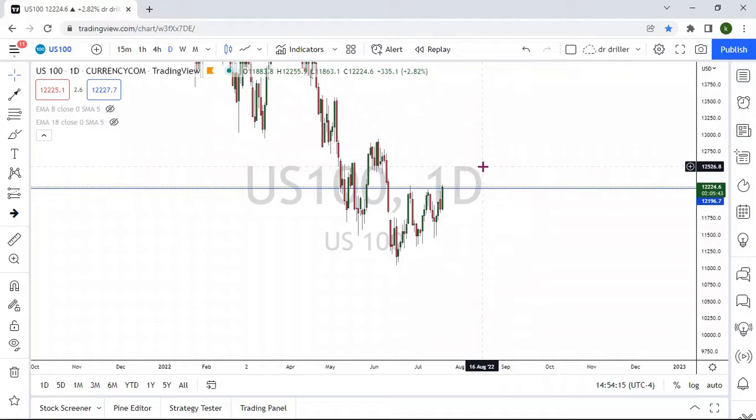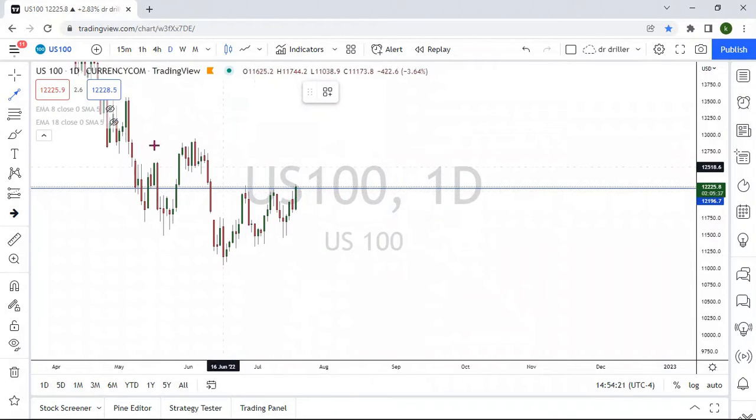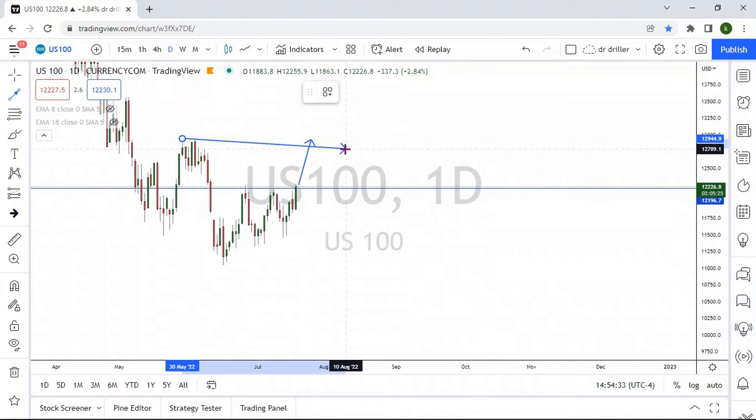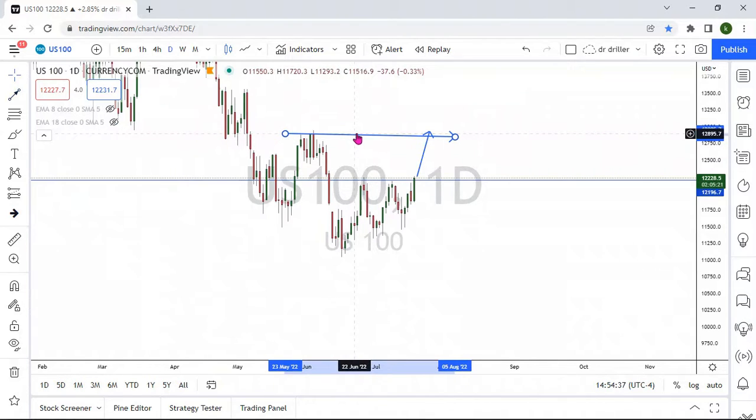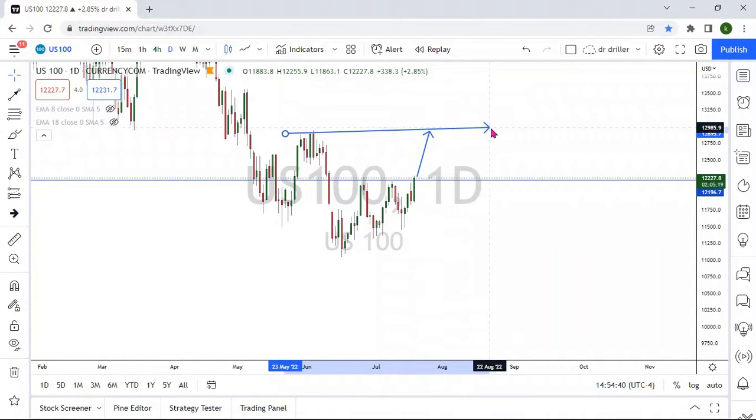So if by any means our daily candlestick closes above this, then we know that we might look for buying opportunities up until we take out that high over there.